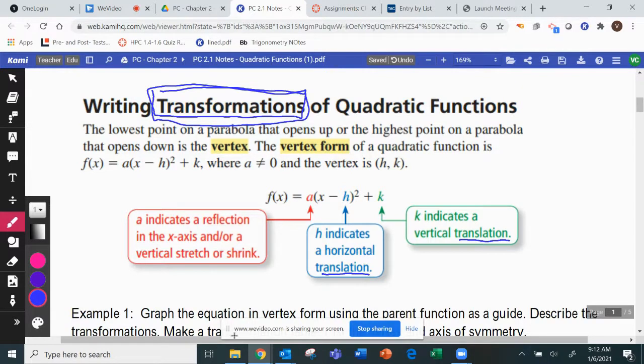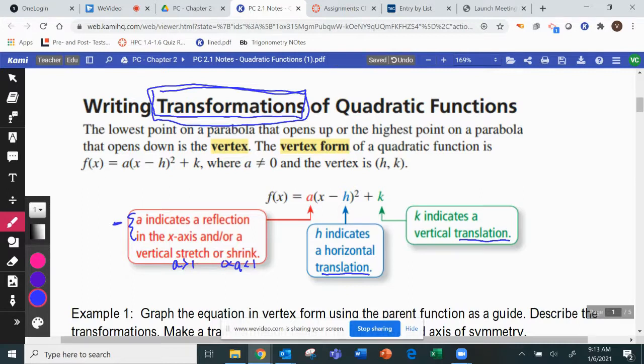And then the a value could be a reflection in the x-axis if it's a negative number. Or we could have a vertical stretch or shrink. A stretch would be a number that's greater than 1. A shrink would be a number that is between 1 and 0.